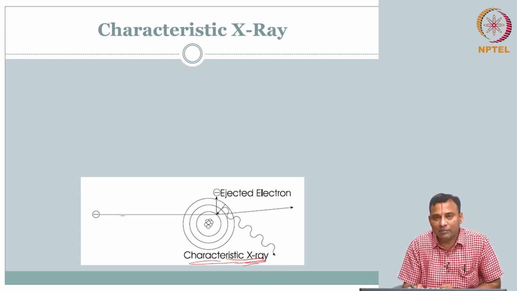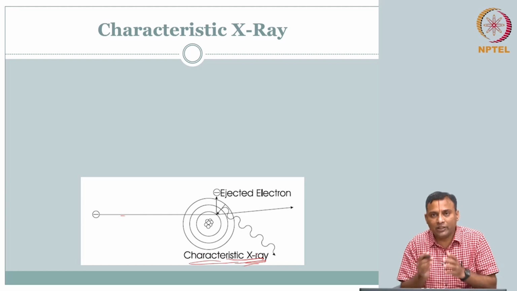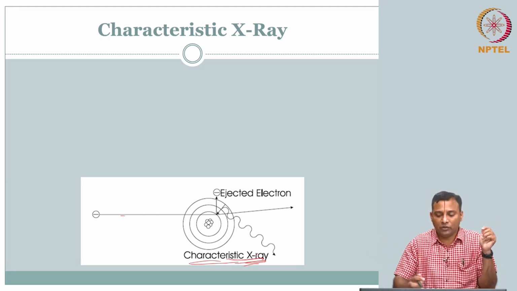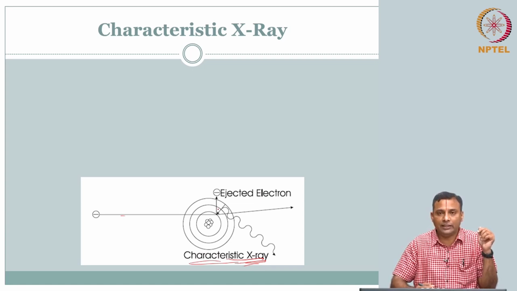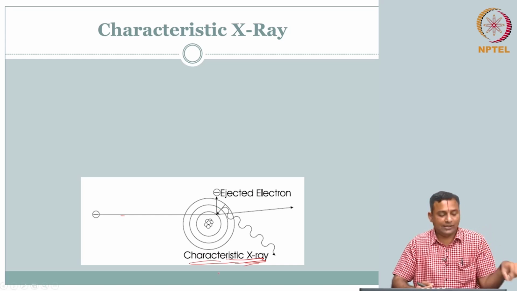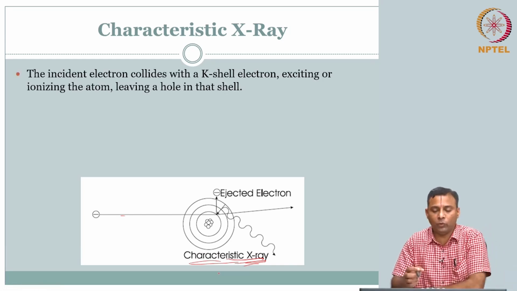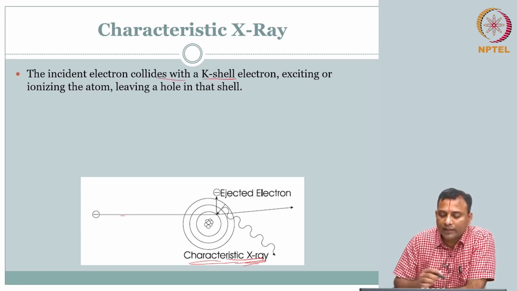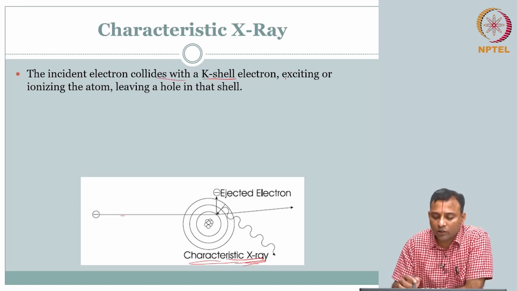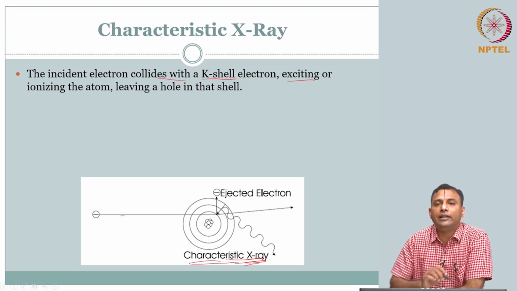So, the X-ray that is coming out at the energy levels, because X-ray energy is a wide range. From the energy of the X-ray, if you can tell what probably is the atom that is involved in ionization that has given out this X-ray, then that is characteristic X-ray. Okay. So, we will spend one more slide on that. The incident electron collides with a K shell electron. We talked about this, exciting or ionizing the atom, leaving a hole in that shell.